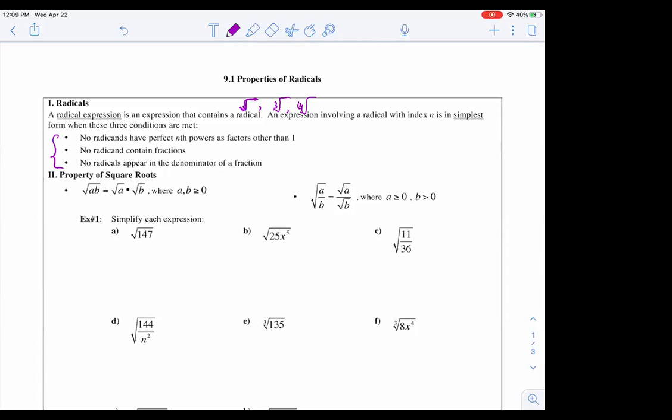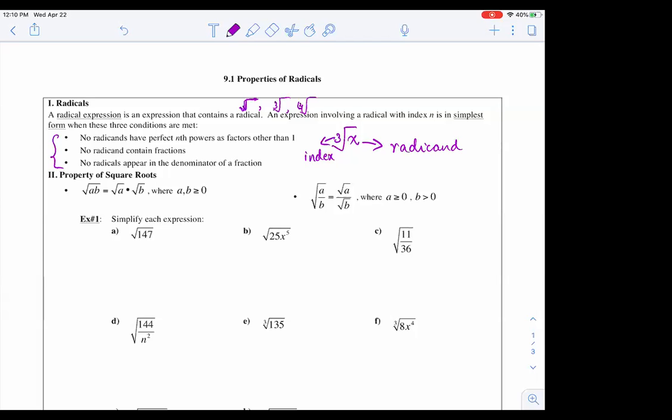Okay, and this number right here, for example, when you do cube root, this number is called the index, right? And let's say if this is x, the thing that's inside the radical is called a radicand.